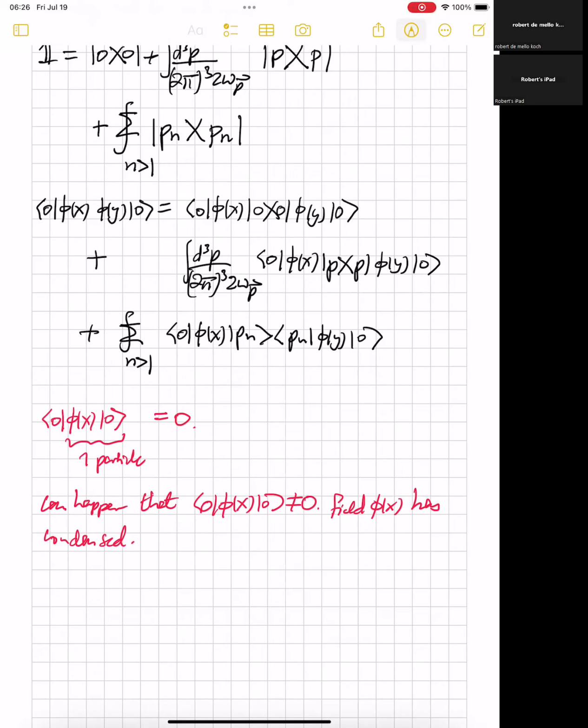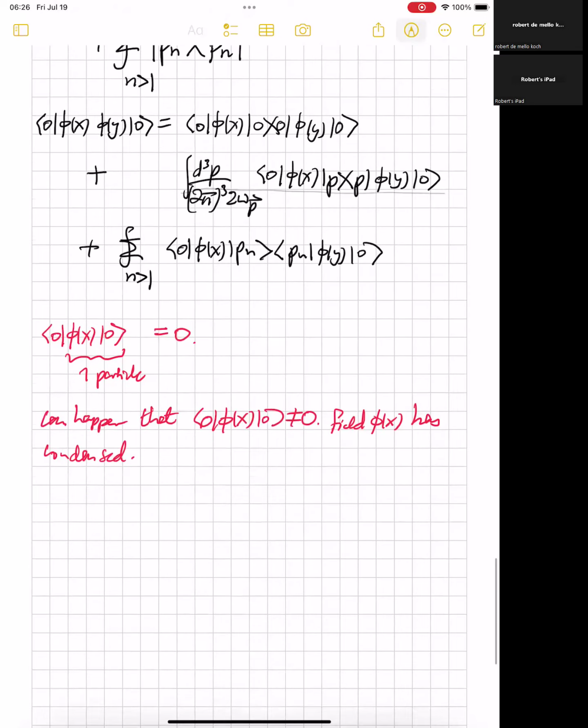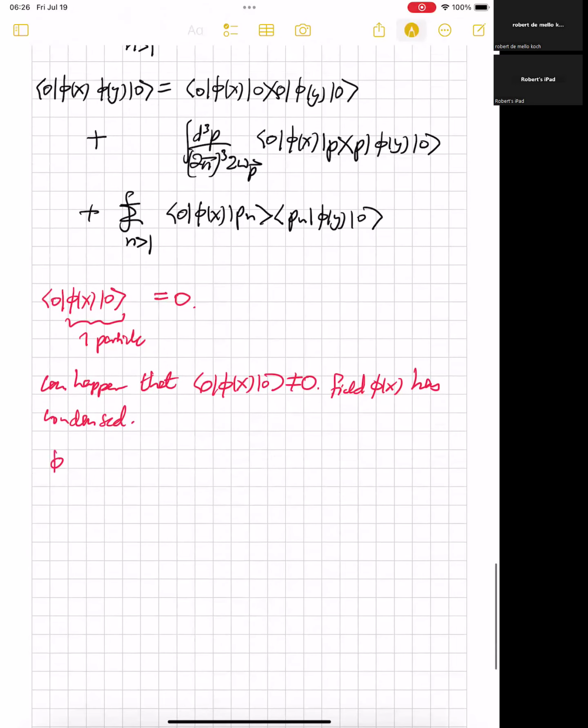One place where this happens is with the Higgs mechanism. The Higgs field condenses, and the expectation value of the Higgs field sets the masses for other particles in the standard model. Well, in this case, we can define a new field, phi prime of x, which is equal to phi of x minus the vacuum expectation value of phi of x.